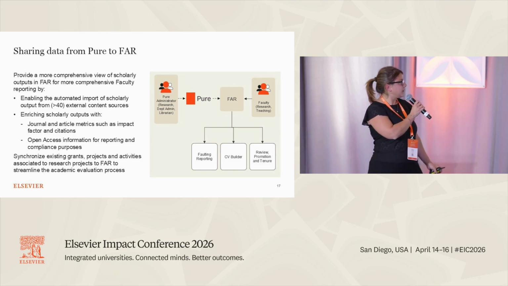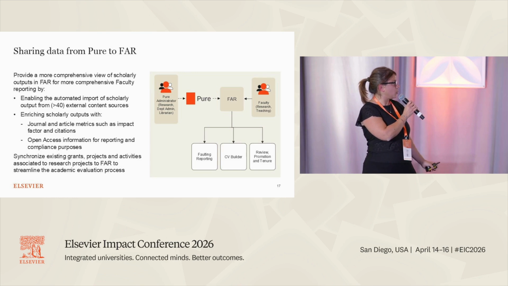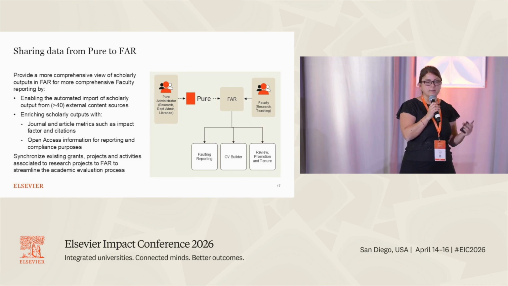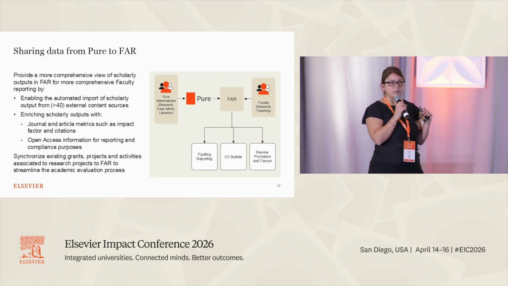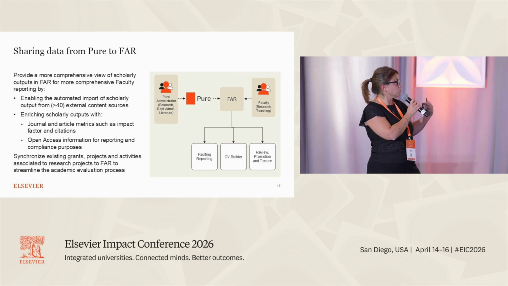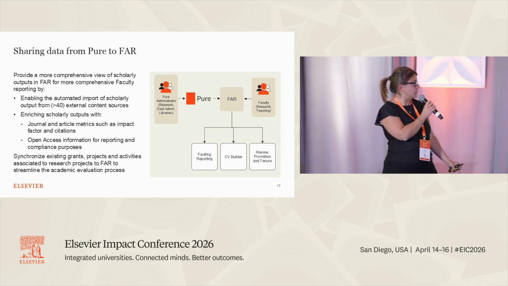So in this case, what we want to provide to the university is a comprehensive view of the scholarly outputs that they then want to use in FAR. So they want to use it for faculty reporting, to have a comprehensive view of the data.